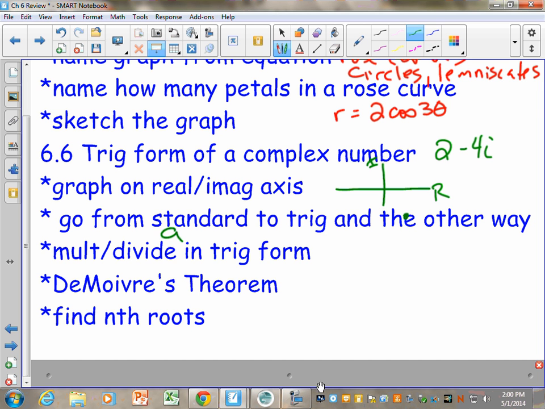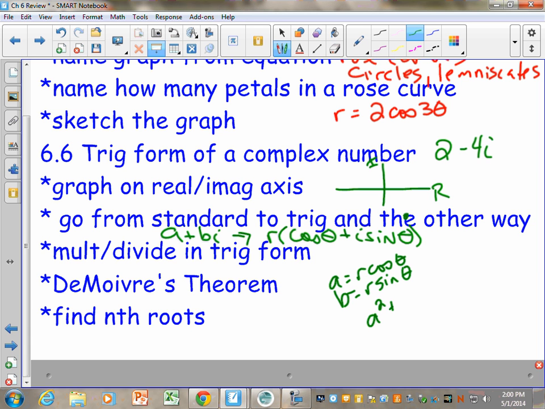That's going from a plus bi to r times cosine theta plus i sine theta, where you use the same things we used before: a equals r cosine theta, b equals r sine theta, and a squared plus b squared equals r squared. If you can convert that, then you can do the other things too. It's just a little bit of formulas to remind ourselves of.